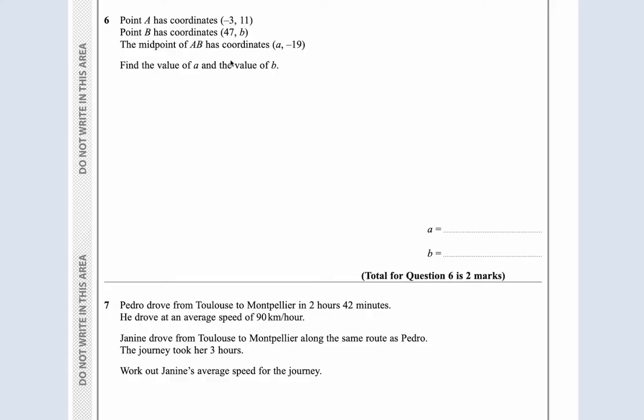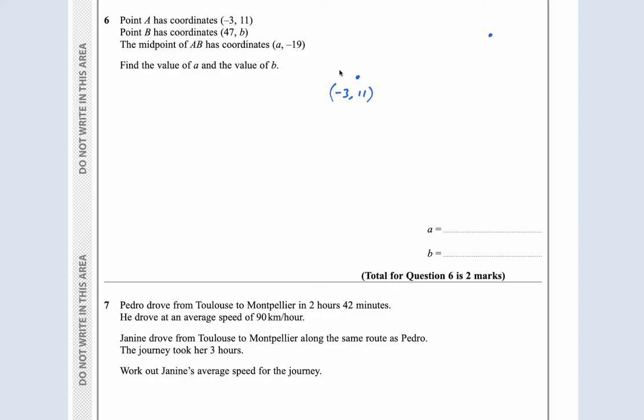Question 6. Point A is this, point B is this. The midpoint of AB has coordinates this. Find the value of A and the value of B, right? That sounds a little bit confusing. I'm actually going to draw here the points. So A is minus 3, 11.